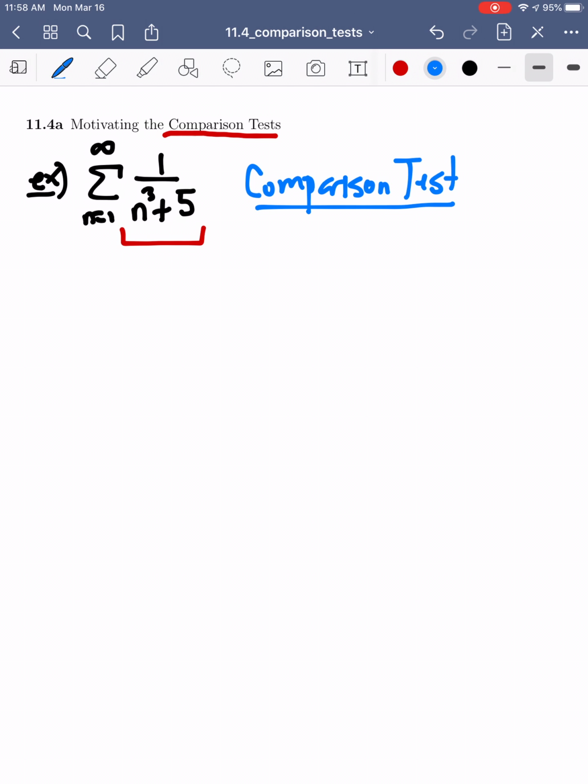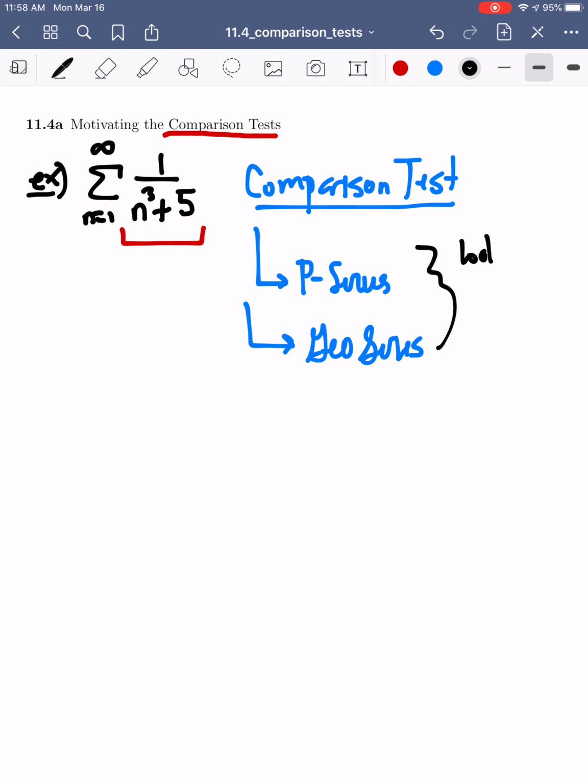For comparison tests in general, we're going to try and think about how our series that we're given relates to maybe a p-series or a geometric series that looks similar to the series that we're handed.